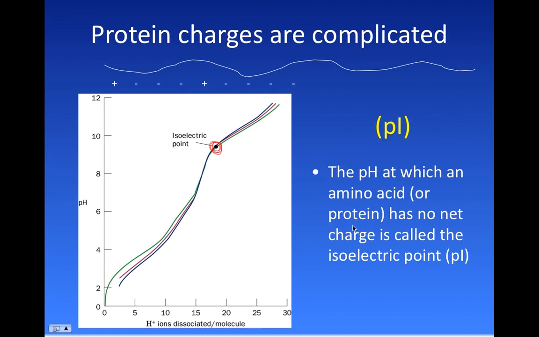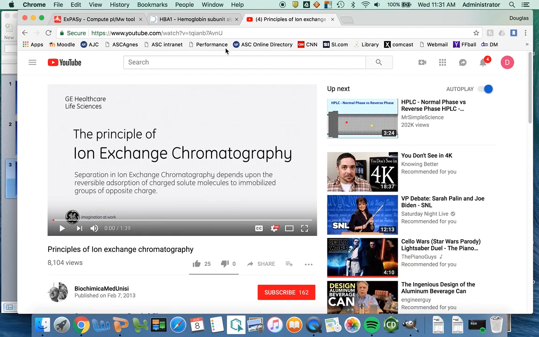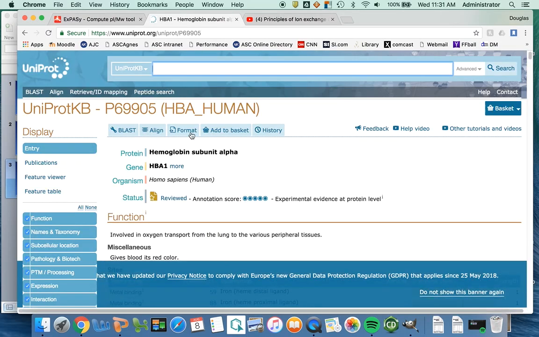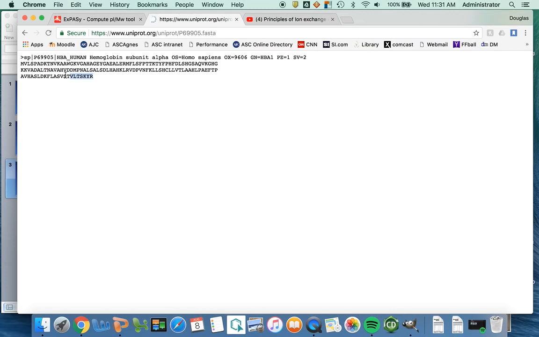So let's look at an example here. Let's just look up the alpha subunit for hemoglobin, right? Let's look at its amino acid sequence. Here it is. This is just the primary sequence of hemoglobin, alpha subunit, starting with a methionine, ending with an arginine.